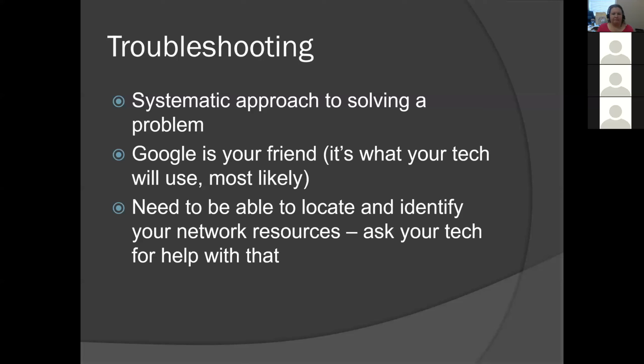So whatever you have in your library, you need to identify them, find out where they are, and be aware of what they look like. One of the things that we do here at Nichols is we take pictures of the network resources, the modem, router, switches, and post them to a wiki.